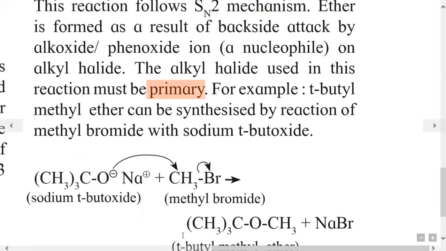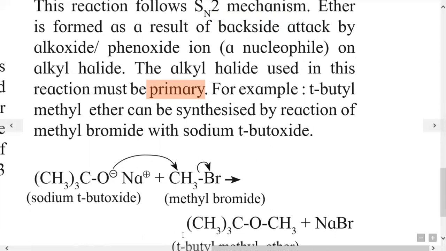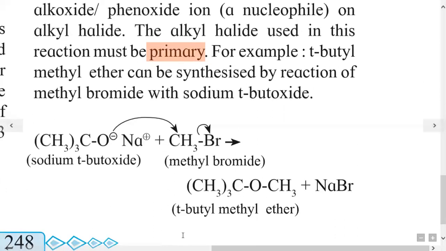If the alkyl halide used is tertiary, then instead of getting ether, we get alkene as a product. And therefore, the alkyl halide used in this reaction is primary.